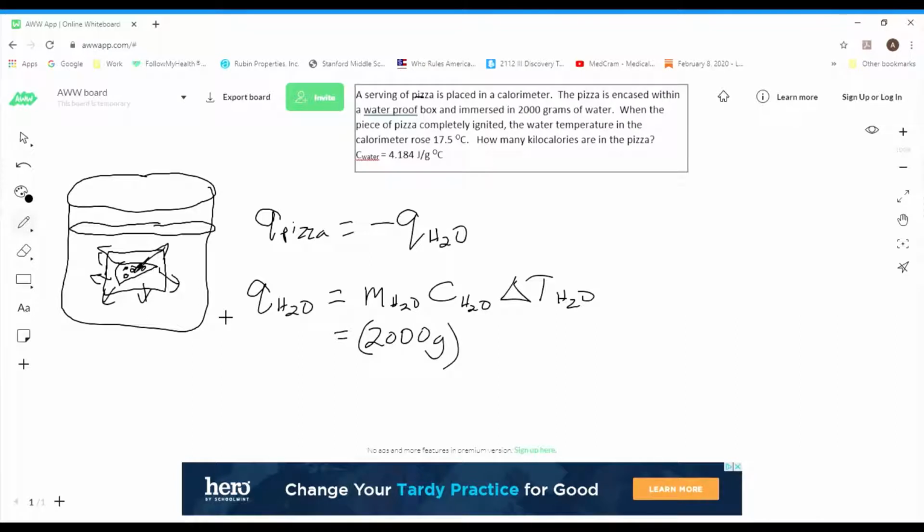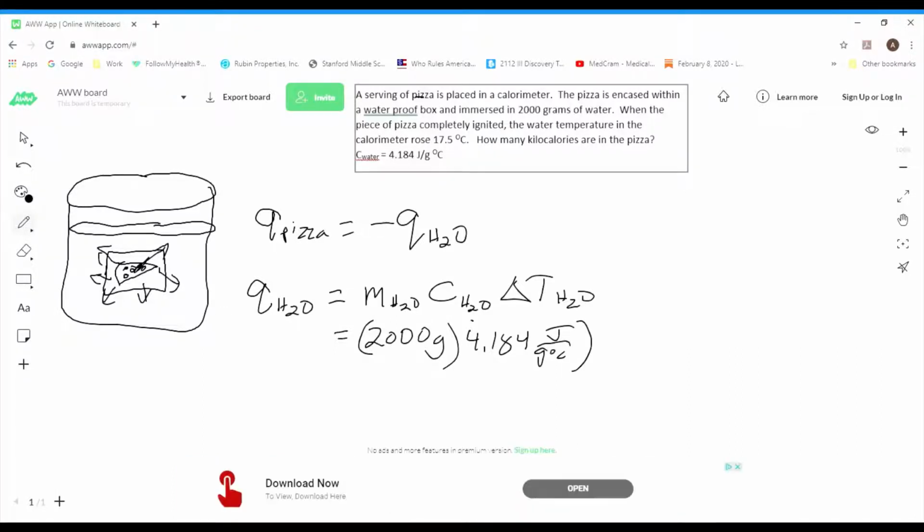The specific heat capacity of the water, C of H2O, is 4.184 joules per gram degree Celsius. Remember, the units for specific heat capacities are joules per gram degree Celsius, because they tell you how many joules it takes to raise 1 gram of the substance 1 degree Celsius. And then it tells us our delta T. We don't have to calculate it. It already says the water temperature rose 17.5 degrees Celsius.